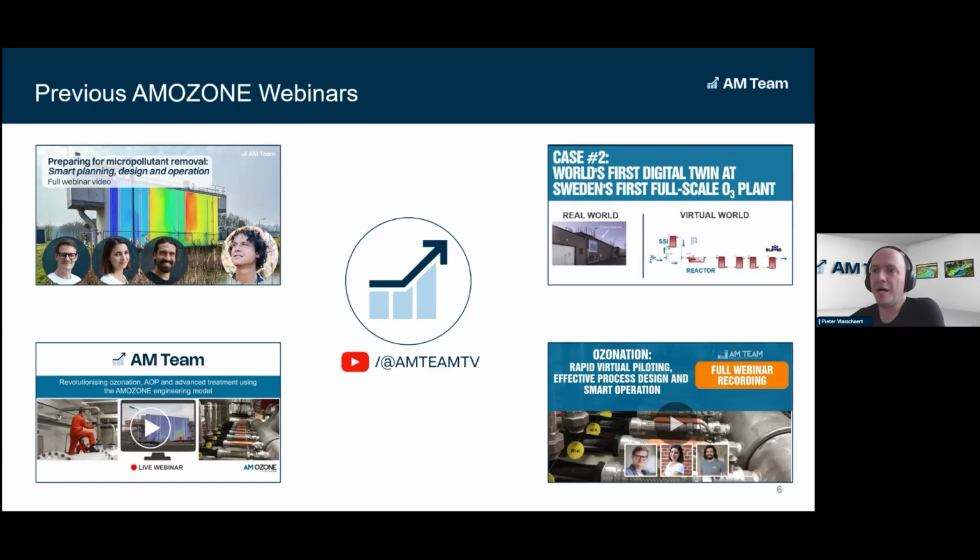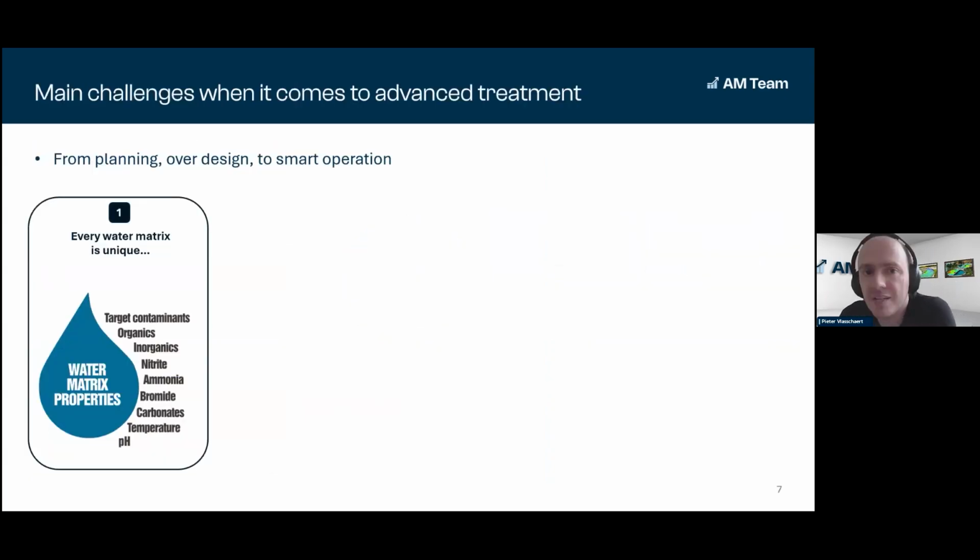Let's now start with the challenges utilities have when they need to think about quaternary treatment and the removal of micropollutants. And we will zoom in specifically also on the ozonation and advanced oxidation topic. And one of the biggest, or the first challenges when you need to start planning for such a technology is, every water matrix is unique.